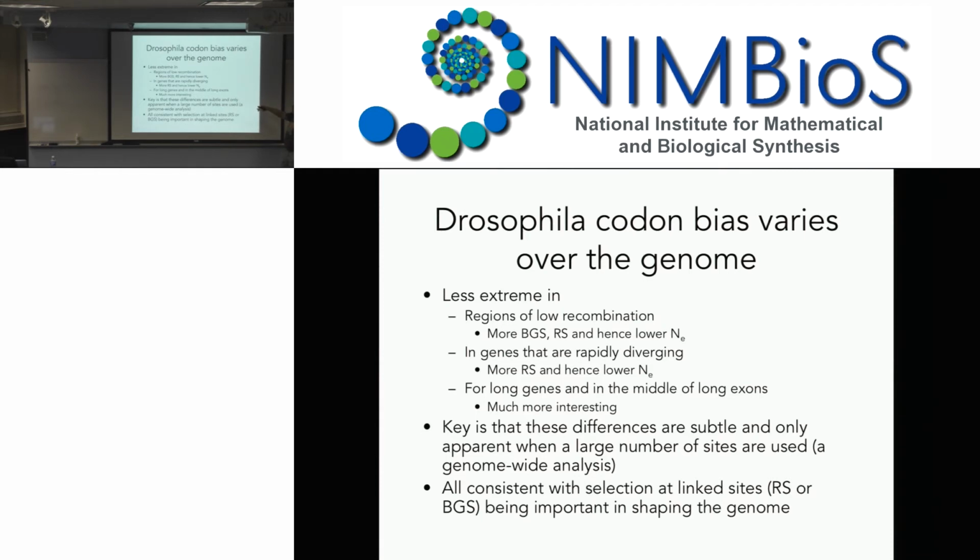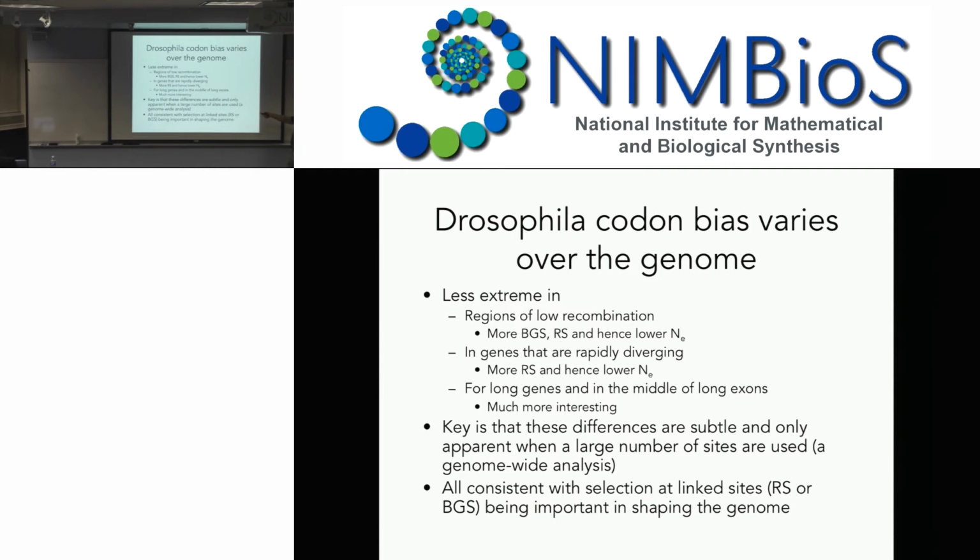A cool feature is it's less extreme in long genes and the middle of long exons. That's a much more interesting pattern. How can you have codon usage bias? Now, there may be physiological reasons, but are there population genetic reasons?